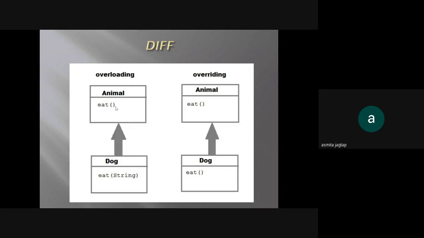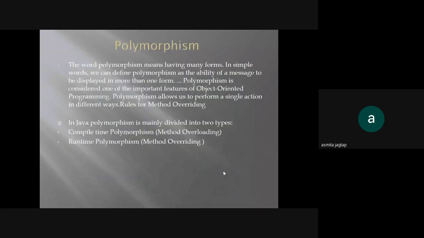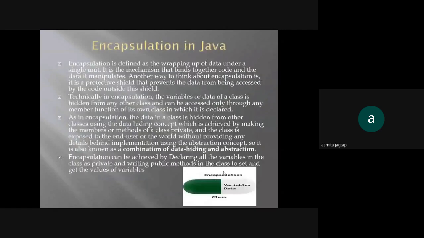Overriding means having the same method signature, same method name, everything the same. But during runtime, the JVM will decide which method to call, meaning the JVM has to call the animal method or the dog method, depending on your object creation. So that is the thing.